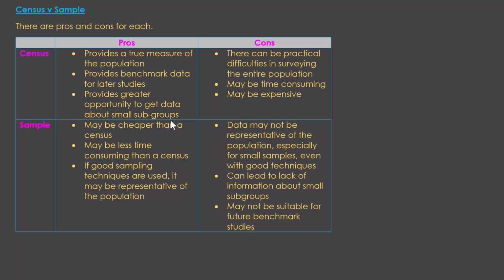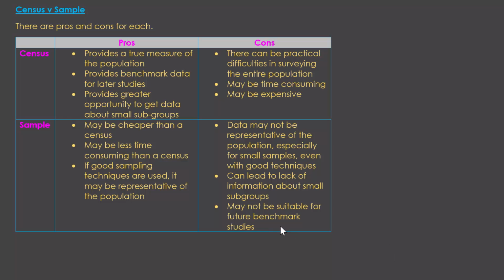And remember, we have the subgroups that we talked about, and we may mention those again here. They can lead to a lack of information about small subgroups. And because sampling is not on everyone, and we know that there may be some differences to the true picture for the whole population, it may not be suitable for future benchmark studies.